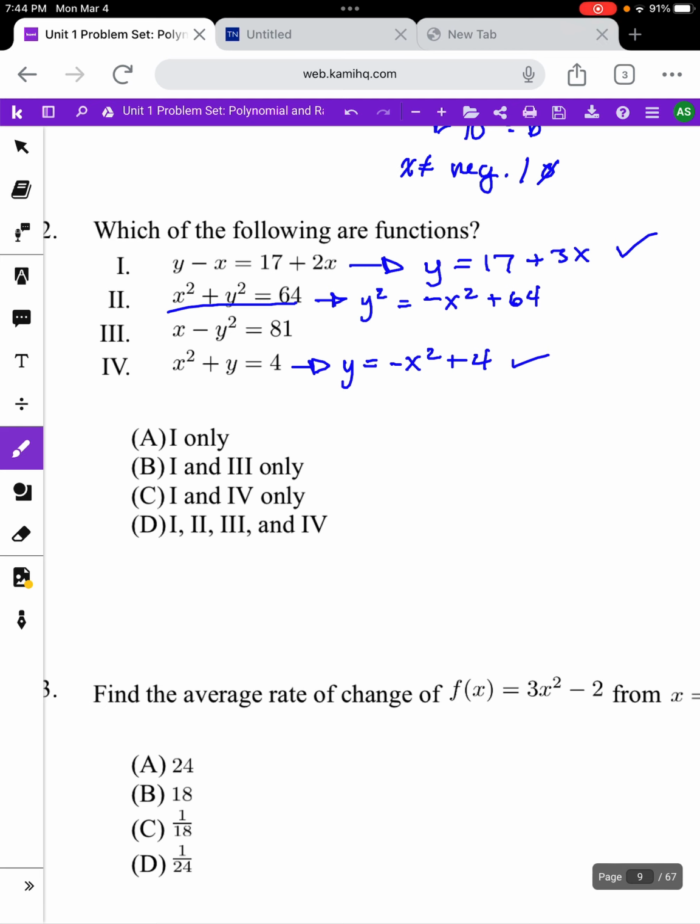Which would then mean that I have two functions, not one function. And it would fail the vertical line test. So, since these y's are squared, they are not functions. So 2 and 3 are not functions, which makes, I should probably read the question, which makes 1 and 4 functions.